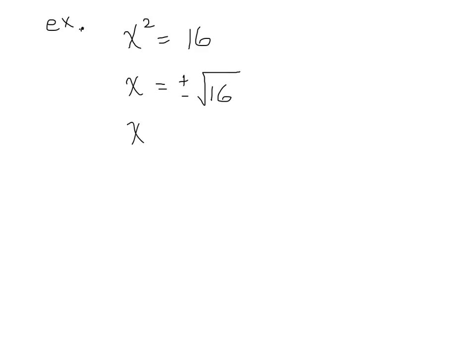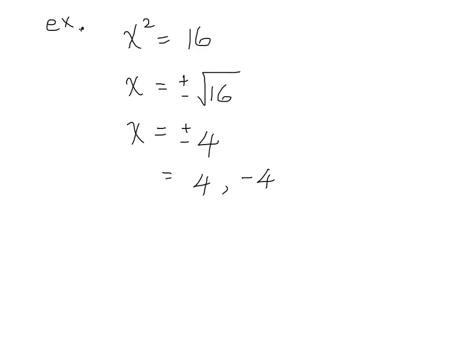So that means that x is equal to positive or -4, which is the same thing as saying positive 4 or -4. So the point of that is just to remind you that it's super important that you remember that there is a positive square root as well as a negative square root.